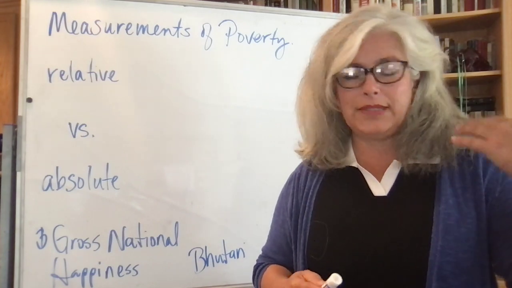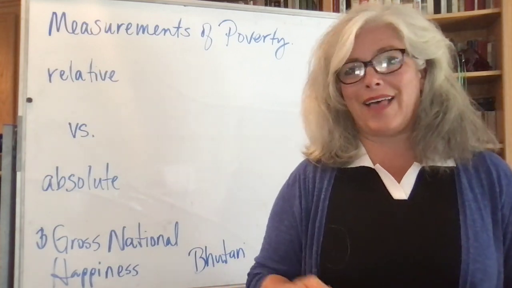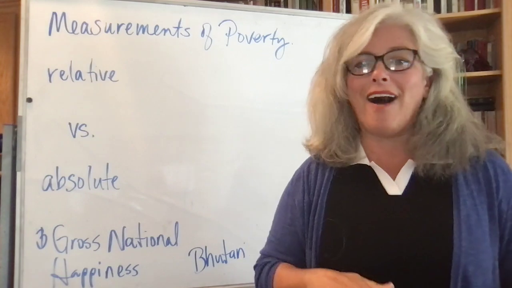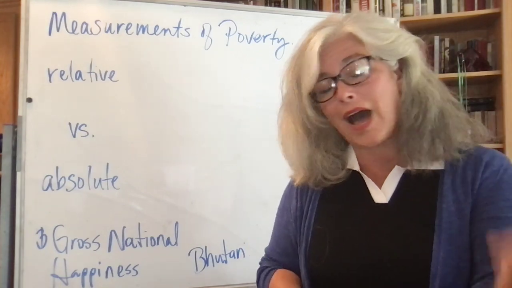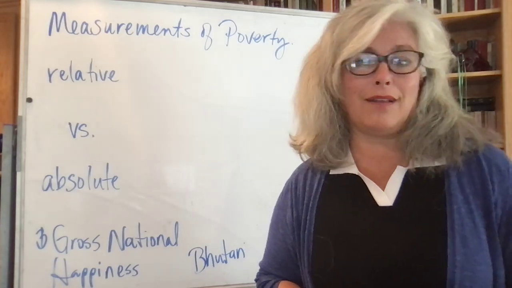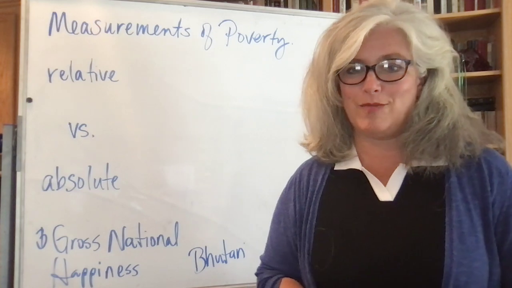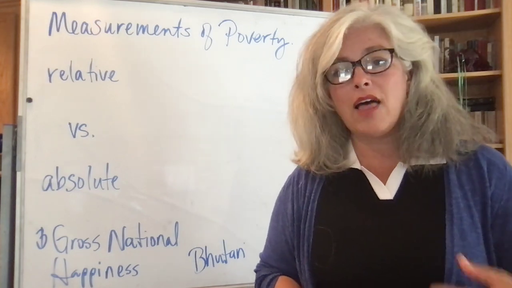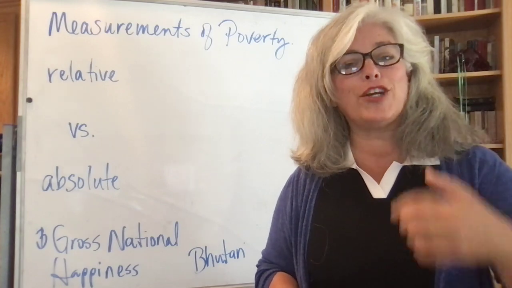And so year after year, the country of Bhutan was measured as like the lowest on the list because they don't have industry, they don't have development, they do not have an electrical grid or widespread sanitary water systems or sanitation systems at all. They are, by Western standards, extremely impoverished.